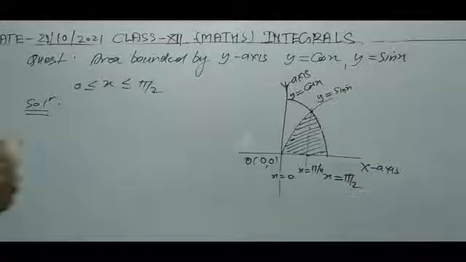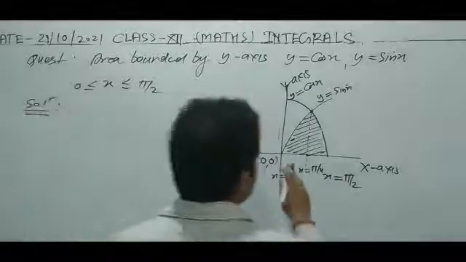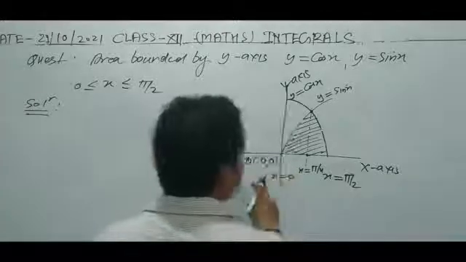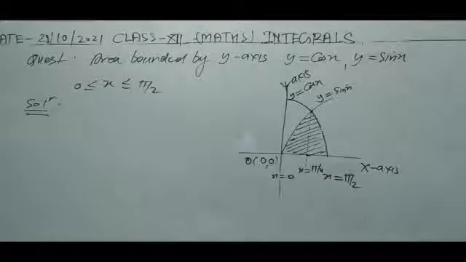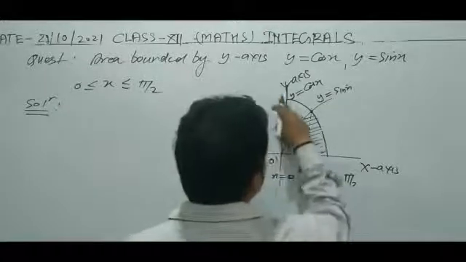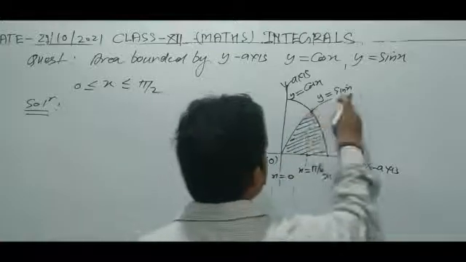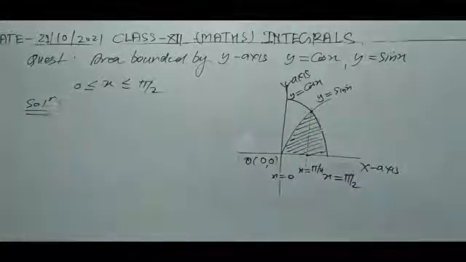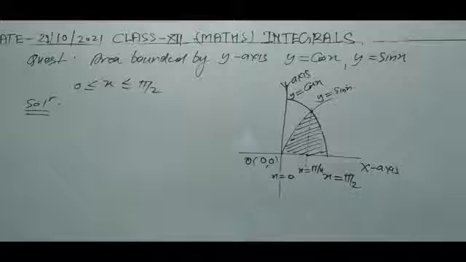First of all, I will integrate from x is equal to 0 to x is equal to pi by 4 the function, sin x minus cos x, or cos x minus sin x. This result is cos x and this curve is sin x.